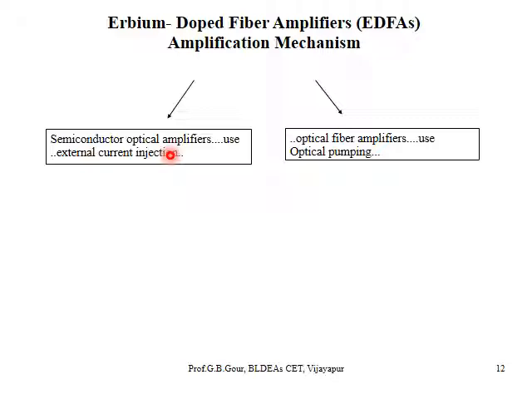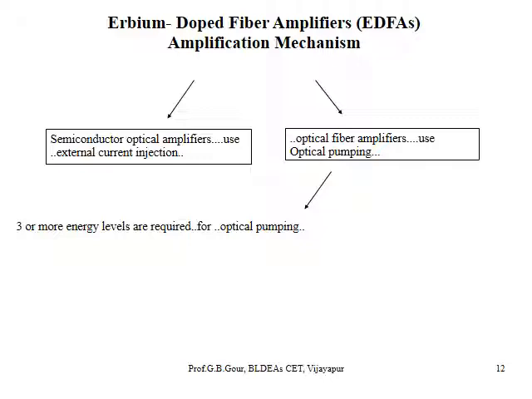Then when they come back to the lower energy level, population inversion happens and amplification takes place. The only difference is that in place of current injection, in EDFA we are using optical pumping. So let us see what this optical pumping is. We need 3 or more energy levels for optical pumping.